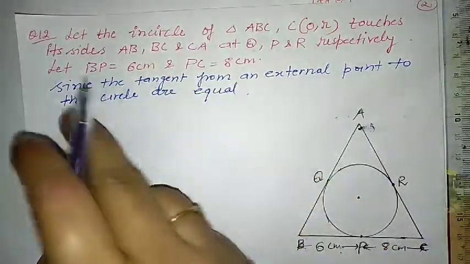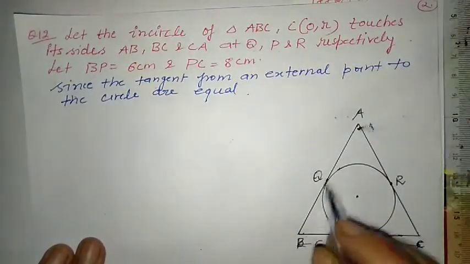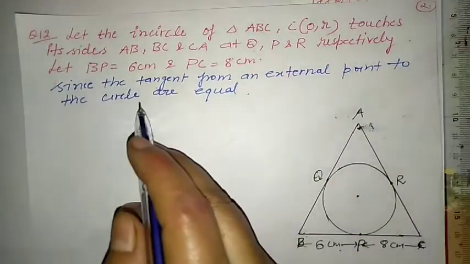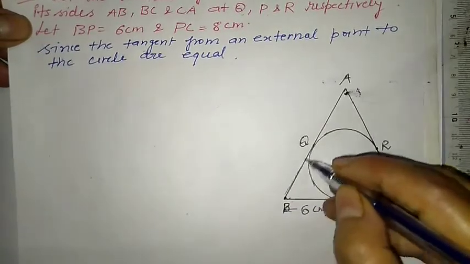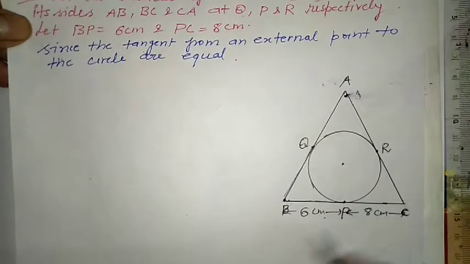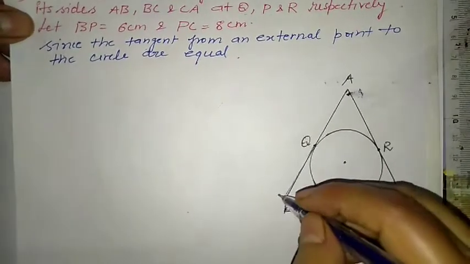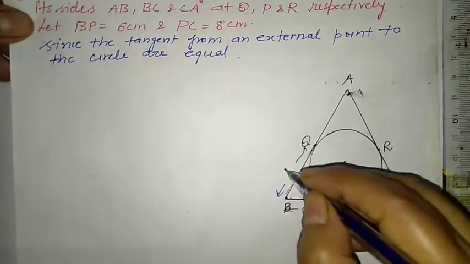We know this. Since the tangents from an external point to the circle are equal, hence if we see this, B is the external point, then BQ and BP both will be equal. If this is 6 centimeters, this one also will be 6 centimeters.